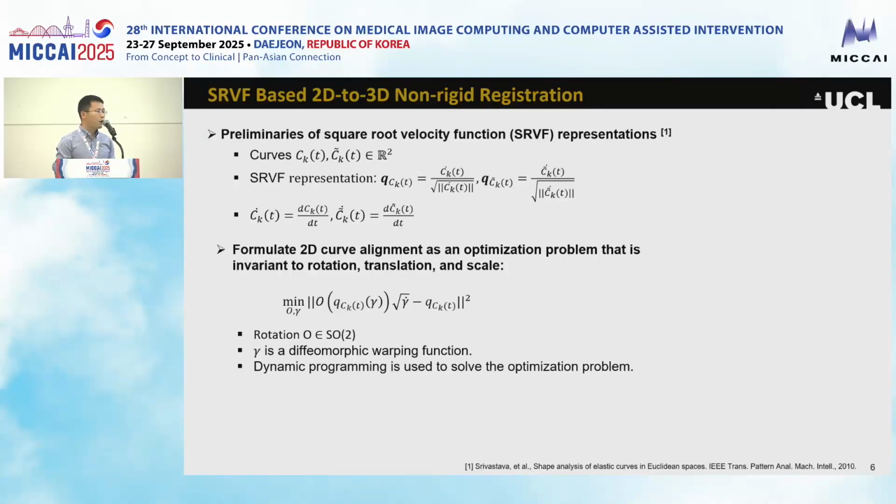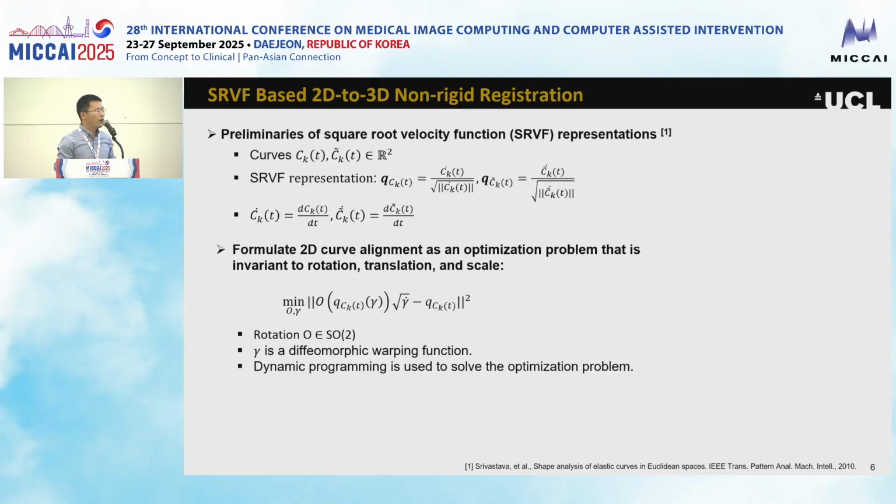The square root velocity function is defined as the curve's velocity divided by the square root of its speed. By using such a representation, the 2D or 3D curve alignment problem can be formulated as an optimization problem that is invariant to rotation, translation, and scale.